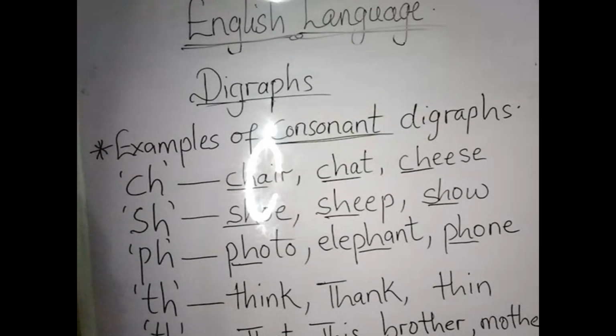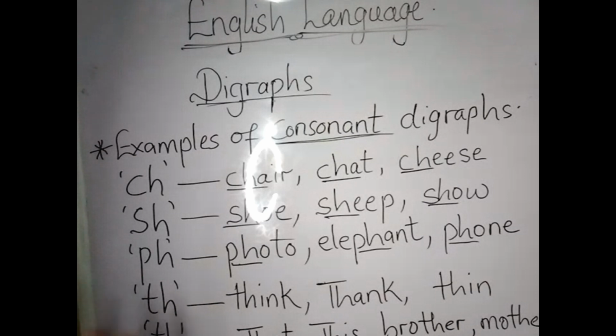And for this level, we wouldn't want to expose you to words that are too long or too big for you, okay? We try as much as possible to make the words short, or if we don't have any choice, we make sure the words are ones you're familiar with, that you use every day or every now and then. So it's the same thing for digraphs, whether consonant digraphs or vowel digraphs.